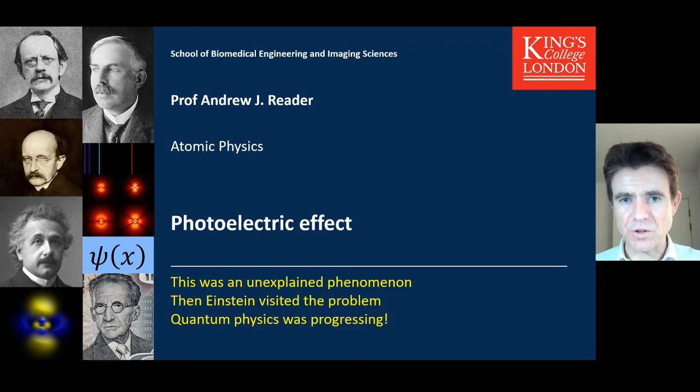So in the next video we've got to cover the photoelectric effect, which was a previously, or rather classically, unexplained phenomenon. Classical physics just didn't explain the photoelectric effect. We have to get into the quantum world to understand it, and so that's going to be our next stepping stone, because we need that to understand atomic structure at the next level.